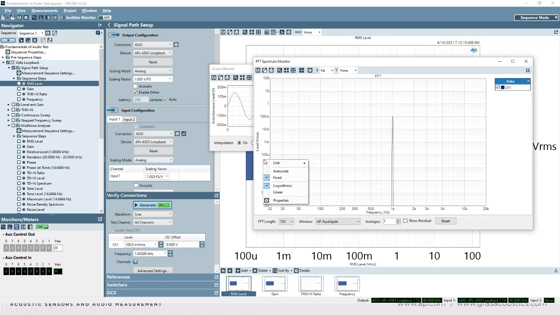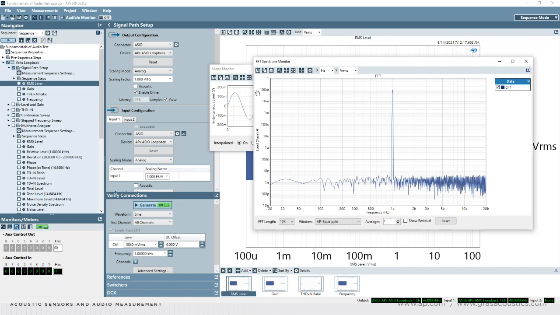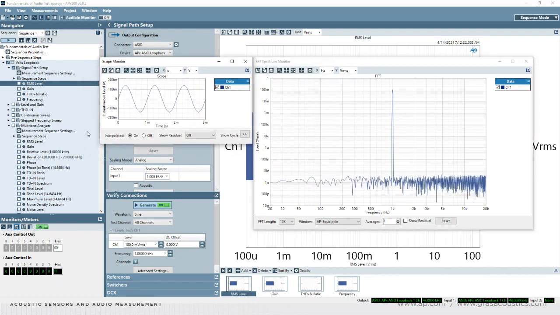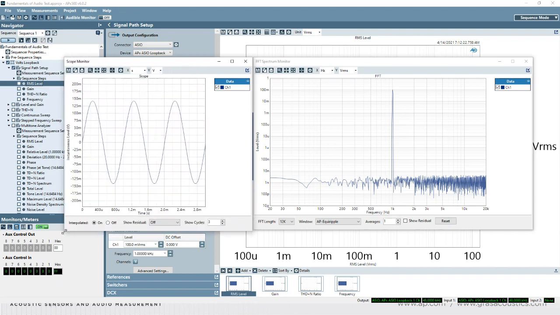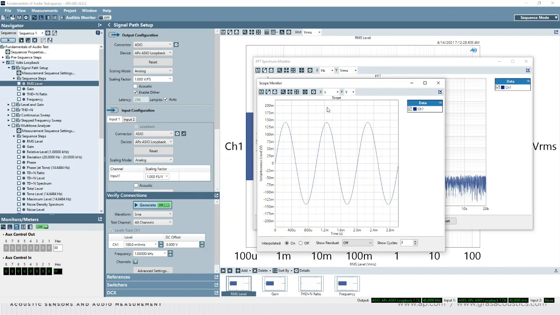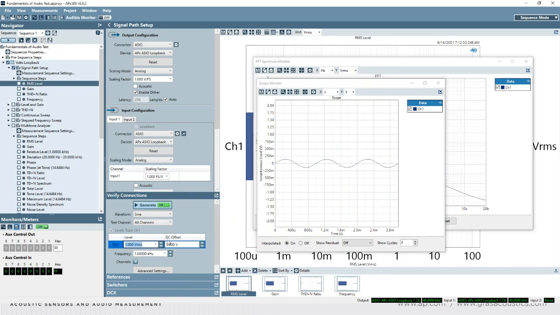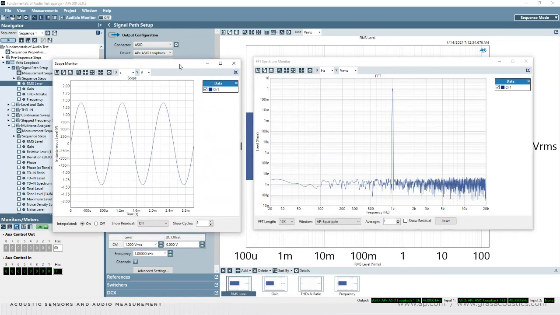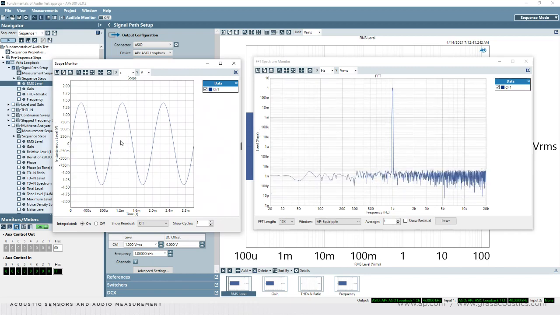And this is a digital loopback right now, so it's very perfect. But we'll just set this to generate 1 volt RMS. And if we look at our oscilloscope view, we have a nice sine wave.